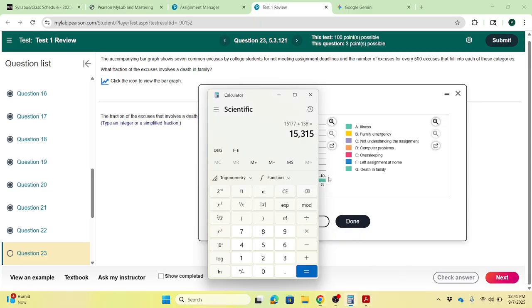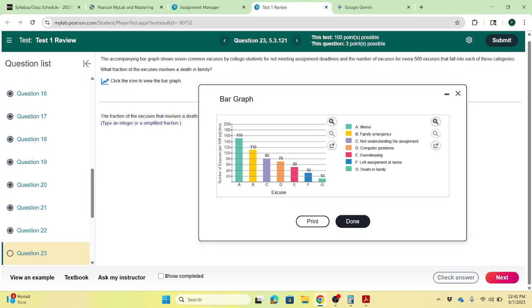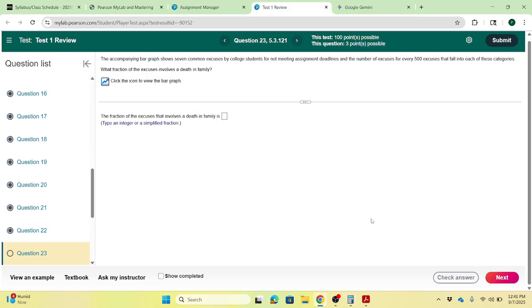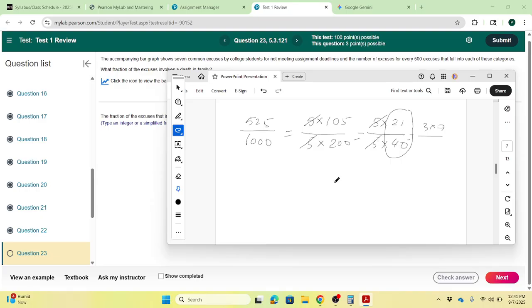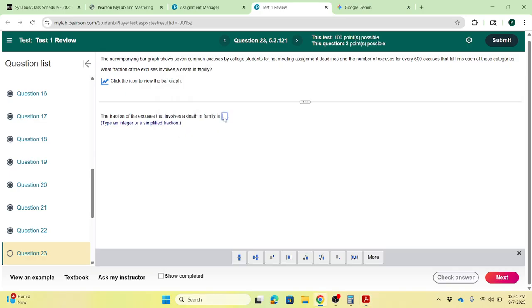So 10 divided by 500 is our fraction. Remember, we want the answer in simplified fraction form. You just cancel the zeros and it would be 1 over 50. They don't want the answer in decimal form. So 1 over 50, that's the answer.